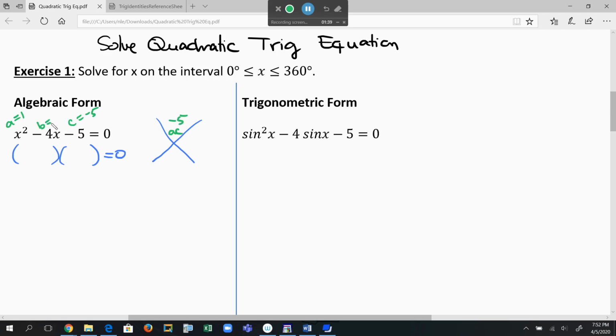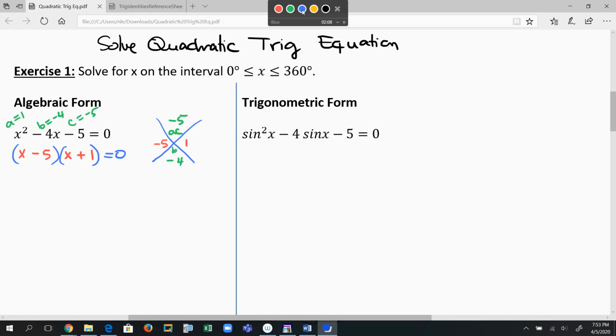Our B is negative 4. We try to find two numbers that multiply to negative 5 and add up to negative 4, which are negative 5 and 1. Therefore we get the factors x minus 5 times x plus 1 equals 0.